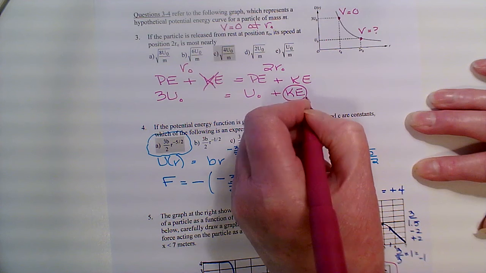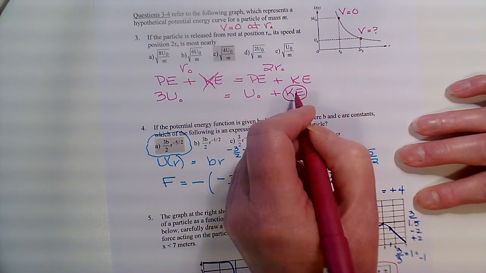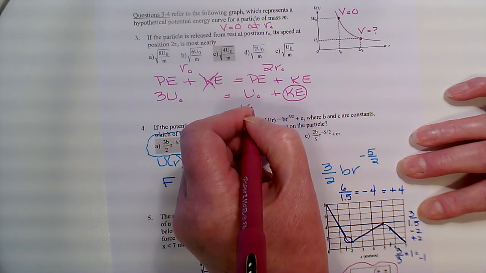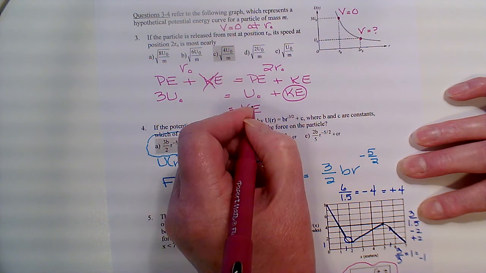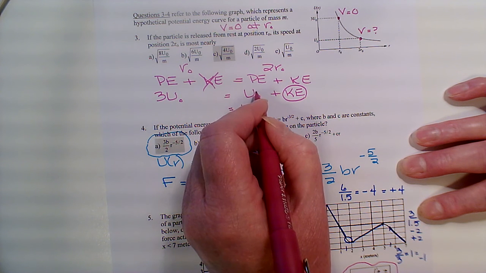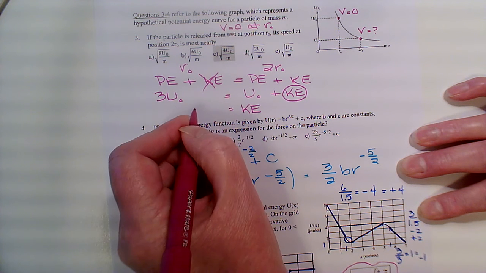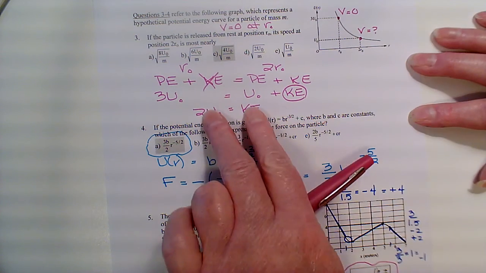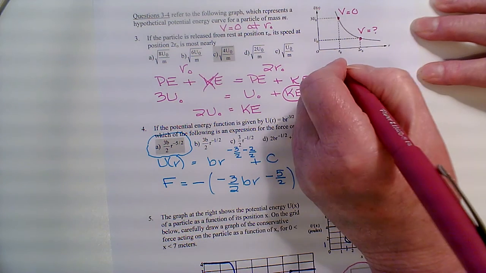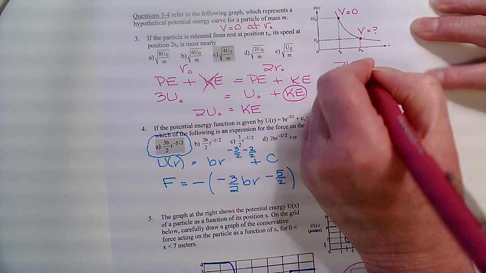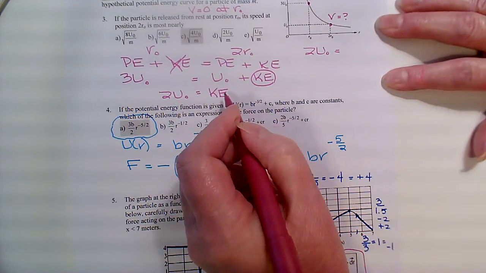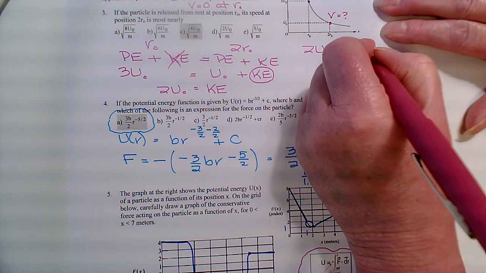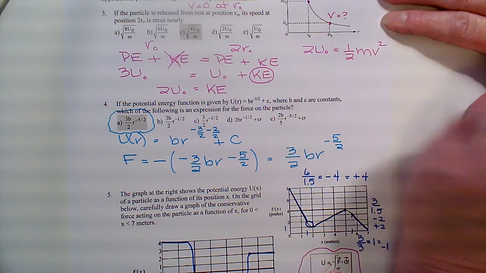I'm going to be solving for this KE. So to solve for this KE, I'm going to subtract a U0 from both sides. So that will make this a 2U0. So I'm going to bring this over here, and 2U0 is going to equal, I'm going to expand this kinetic energy to 1/2 mv squared.